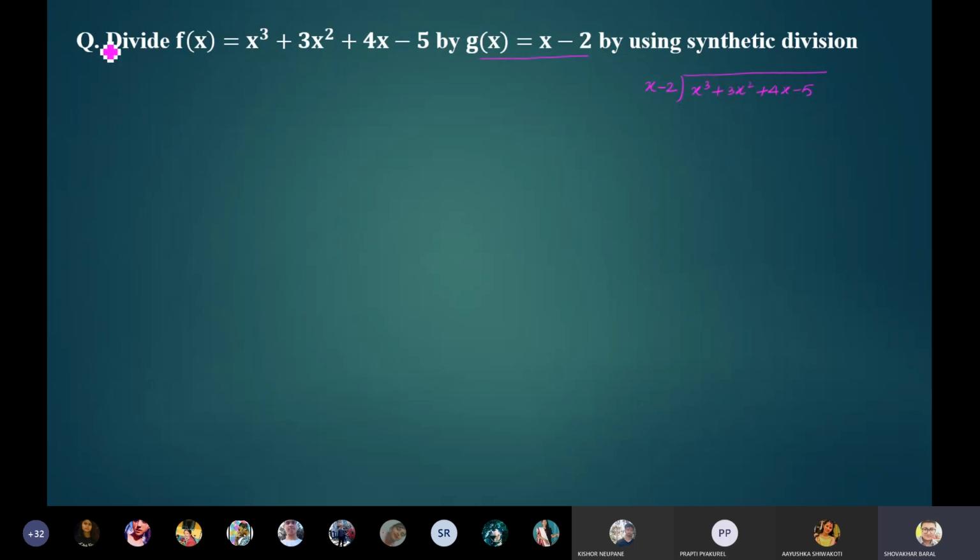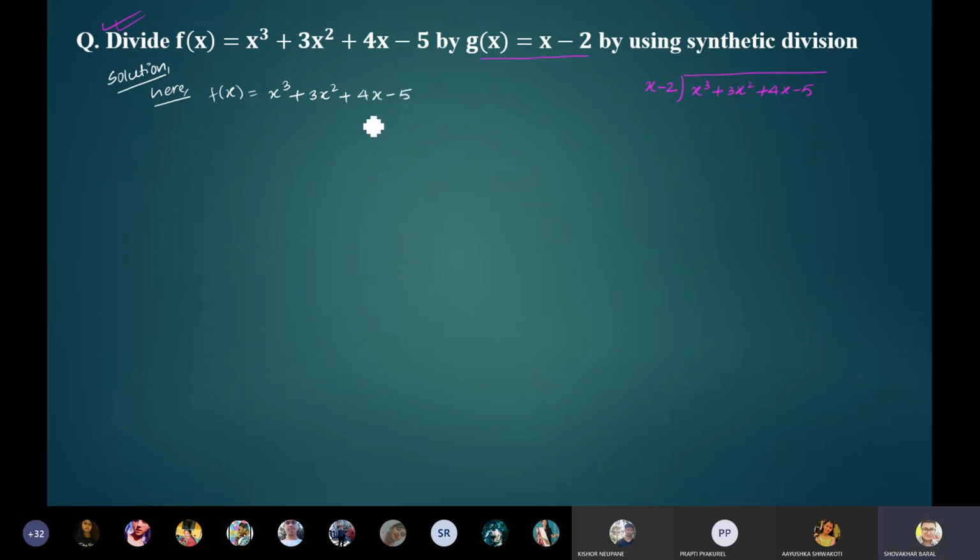If the question asks just to divide, then you need to find both the quotient and the remainder. So let's write the solution. Write along with me. Here f(x) equals x cube plus 3x square plus 4x minus 5.